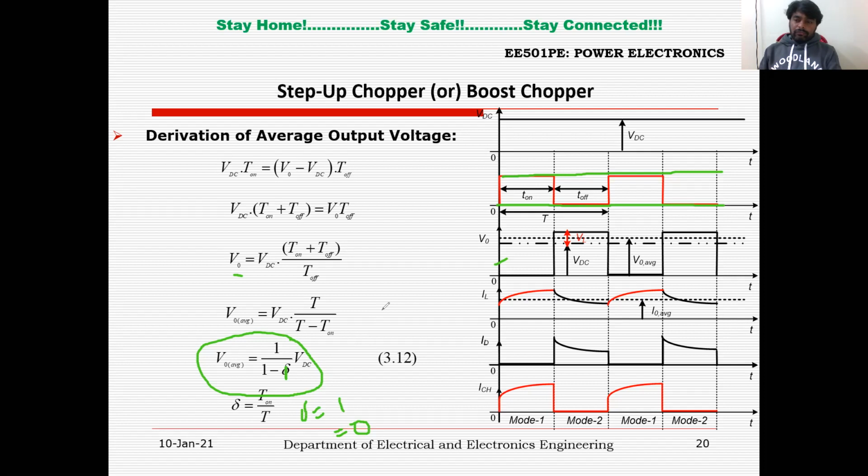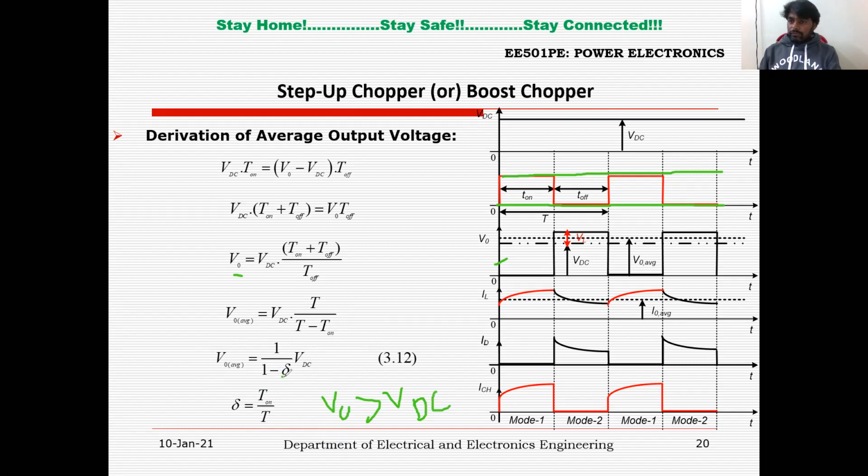If you want to get more than 2 to 3 times the input voltage, you need to increase the value of the inductor, which will be very costly and very bulky, right? So for any value of delta you may get the average output voltage always greater than the input voltage.